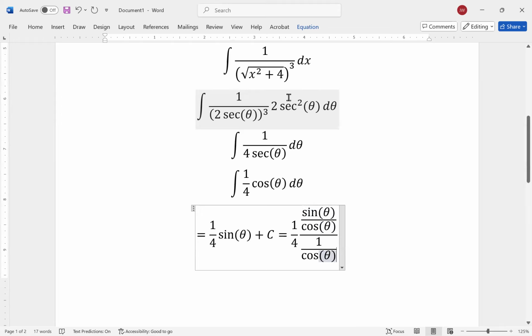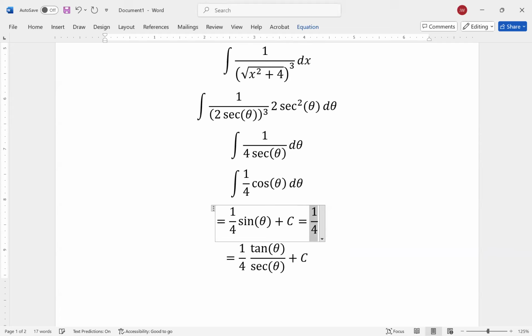And so this cosine and this cosine cancel each other out, and I'm just left with sine. So that's what's happening there. Sine is equal to tangent over secant.